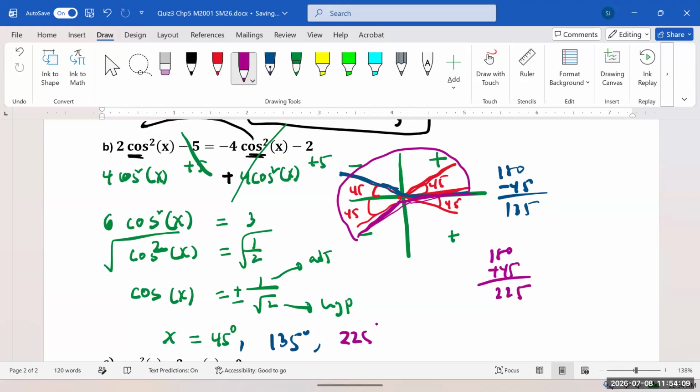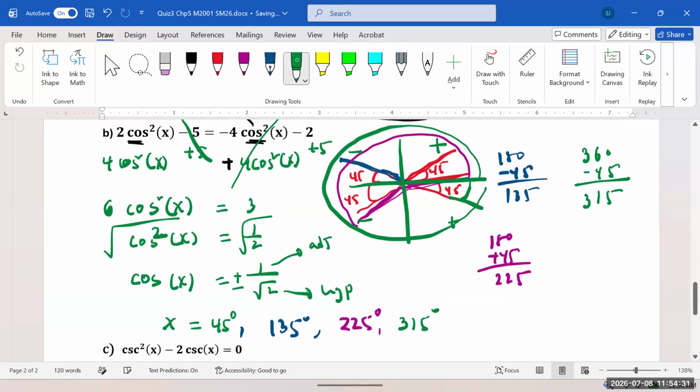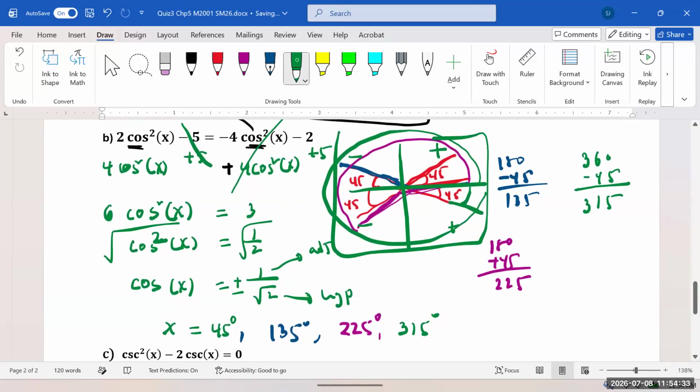So we have 225 degrees. And the last one is easy. It's 360 minus this 45. 360 minus 45, 315, right? 315 degrees.